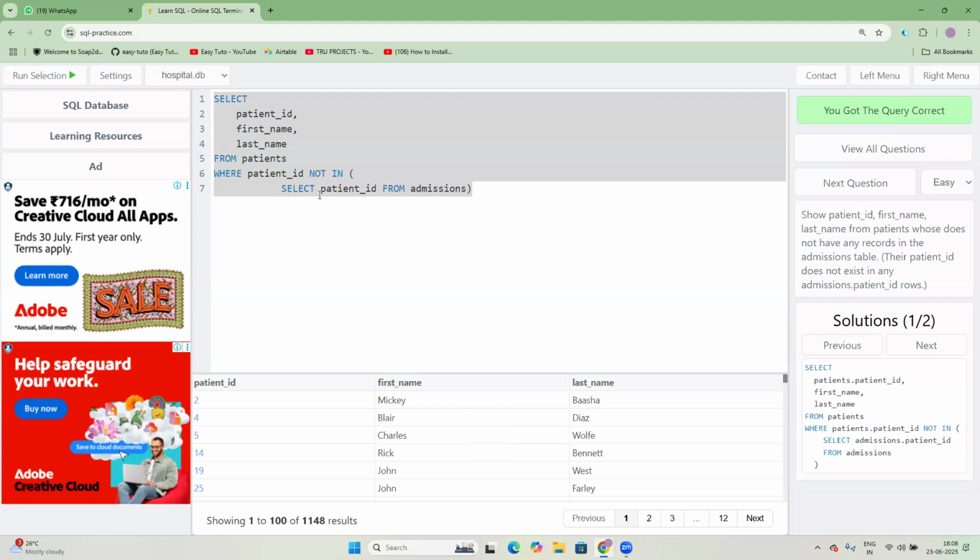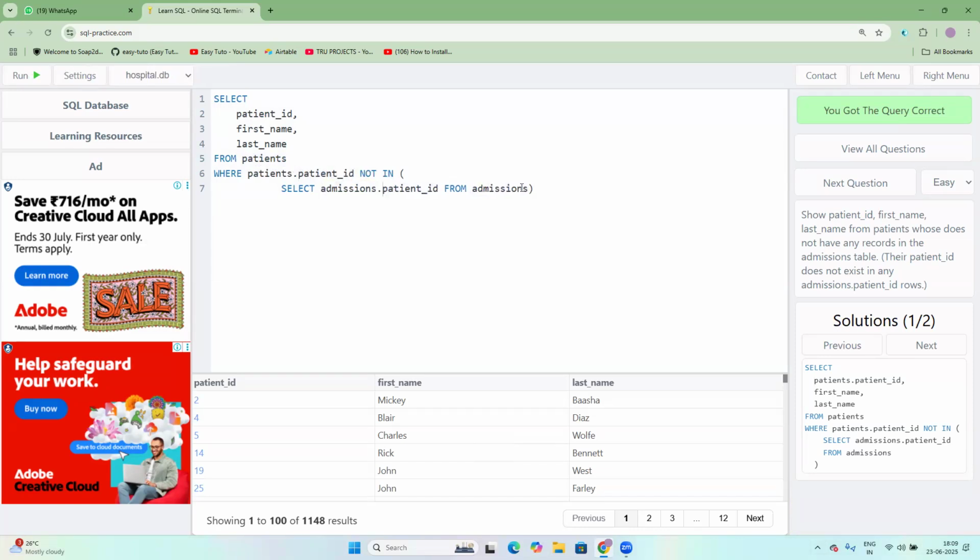Okay, look, we have patient ID from the admissions table also, and this patient ID we are using from the patients table, correct? So the best practice is to define what is what. This is from the patients table and this patient ID we are using from the admissions table, right? The names are the same, guys, that's why it worked here, but it might not work in some compilers because it's an ambiguous column.